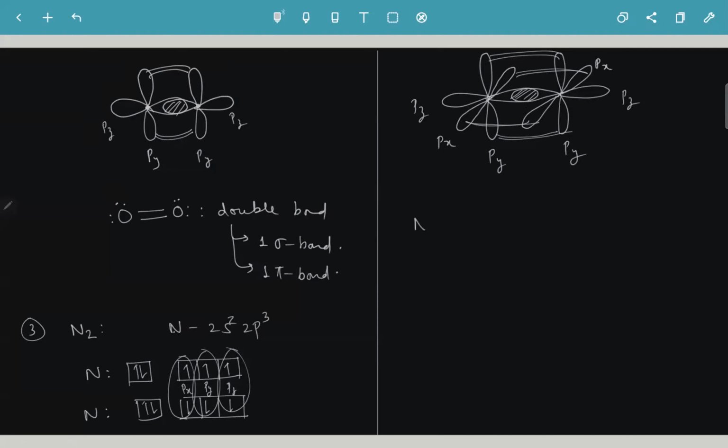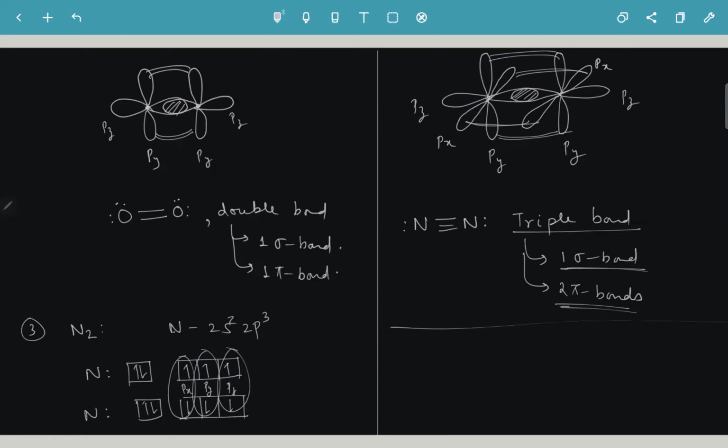N2 molecule has a triple bond. In the triple bond, we have one sigma and two pi bonds. So an important point you can conclude from here is single bond is a sigma bond.